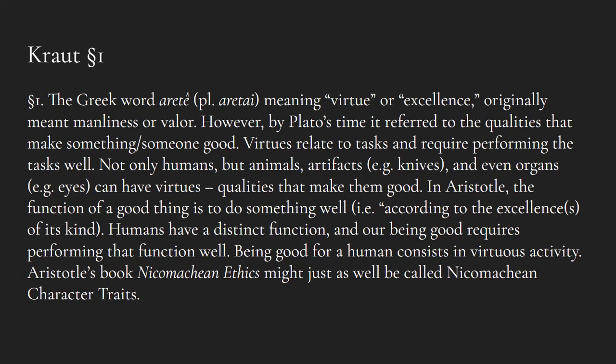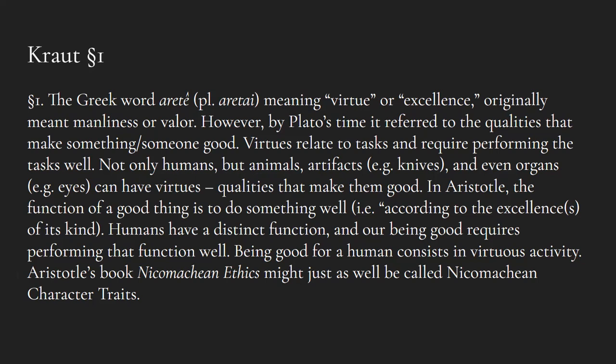However, by the time of Plato, which is still a long time ago, this word arete referred to the qualities that made someone or something good. Virtues relate to tasks and require performing the tasks well. Not only humans, but animals, artifacts, and organs can have virtues, that is, qualities that make them good. In Aristotle, the function of a good thing is to do something well, that is, according to the excellences of its kind.